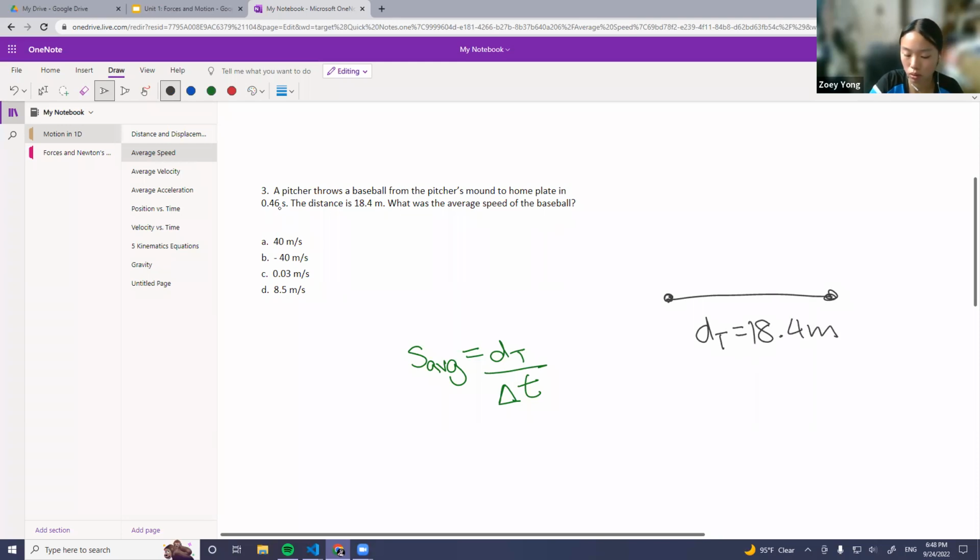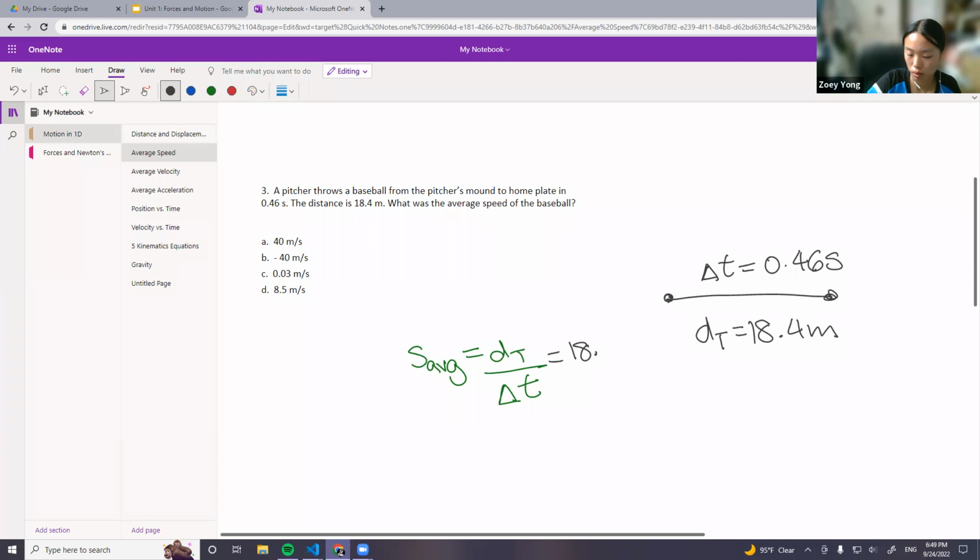And then the total time it took for the baseball to go from here to here is 0.46 seconds. So if you were to draw a picture, this is probably something really basic that you could have drawn. So now all you have to do is plug these numbers into this formula and divide.